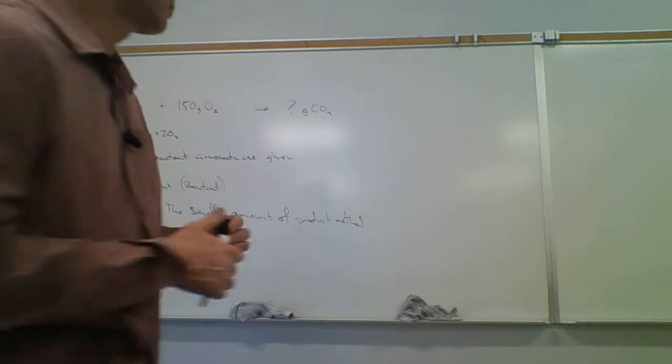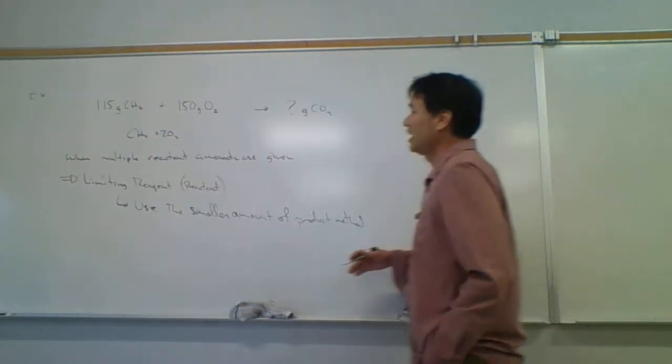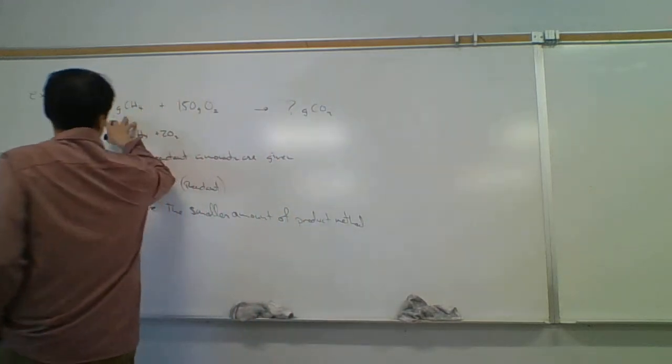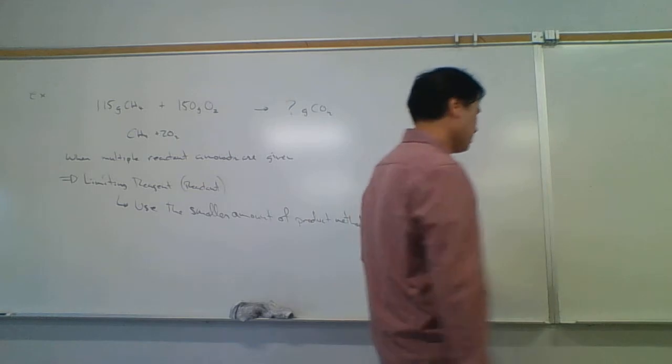The smaller amount of product method just does this. We're going to calculate the yield of CO2 from methane.